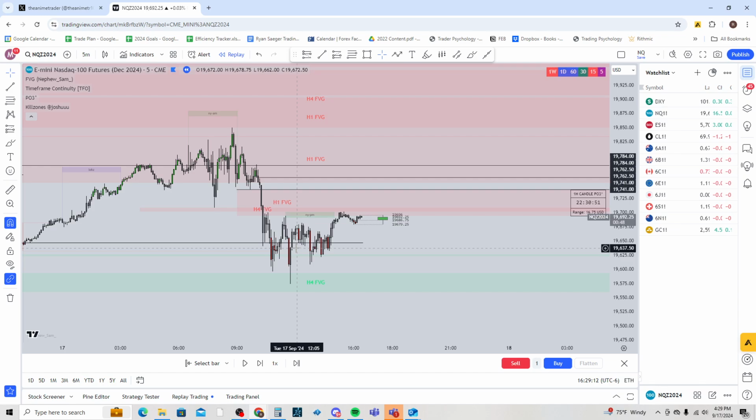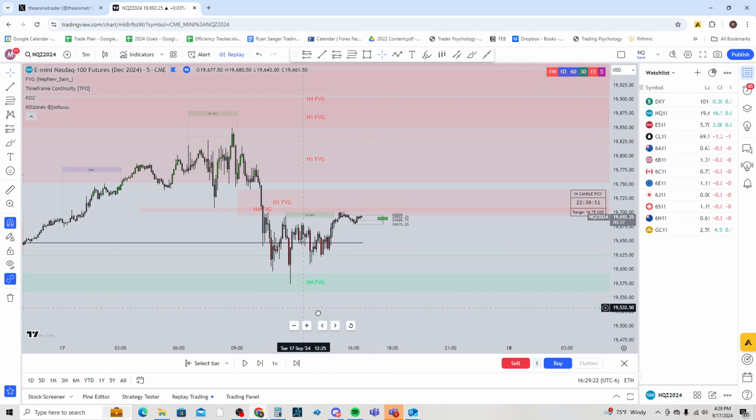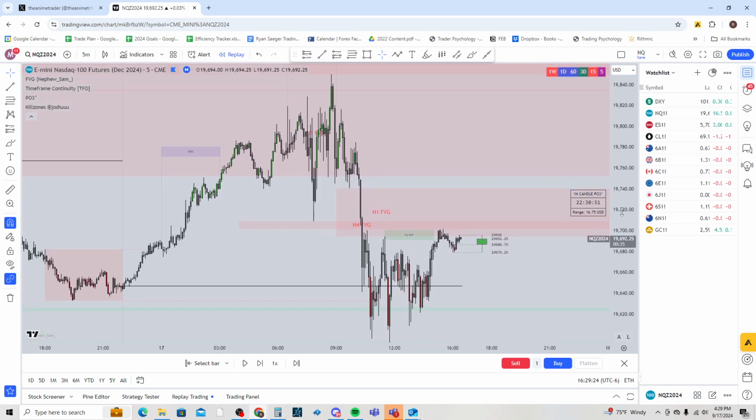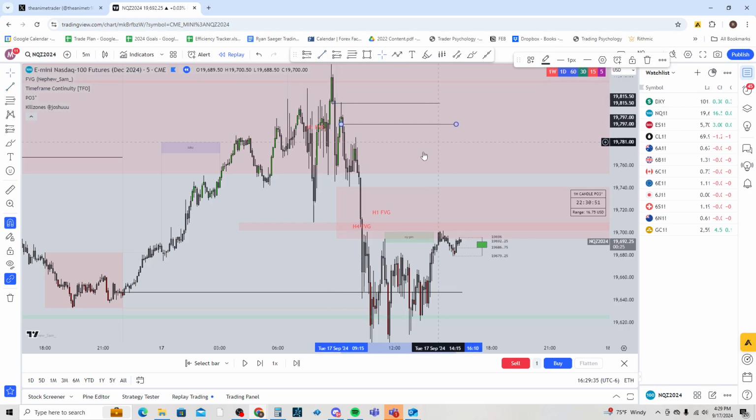But when it taps into this, you could have taken this for some more. Not the biggest move, but it did end up pumping later in the day. So again, you're playing with profits at that point, and it's up to your discretion to be done or continue trading. I wanted to be done. But again, entry, entry, entry, right?